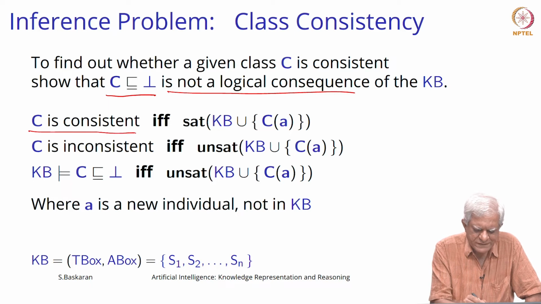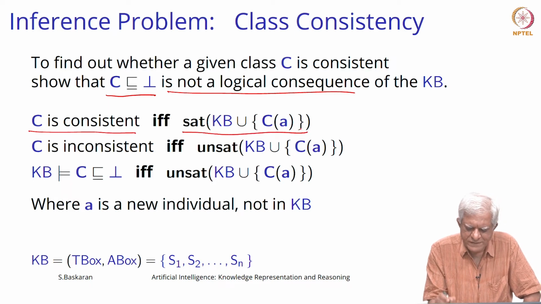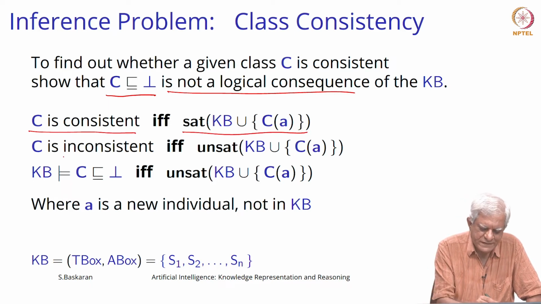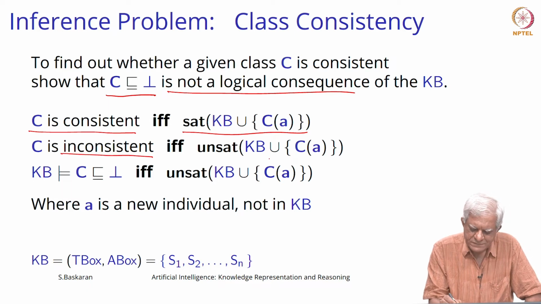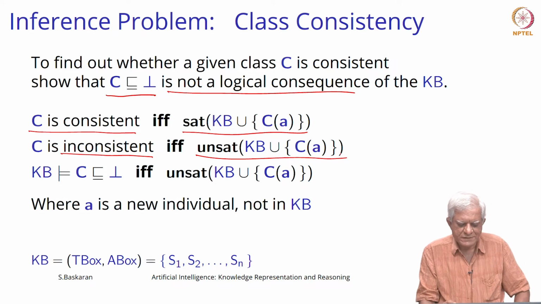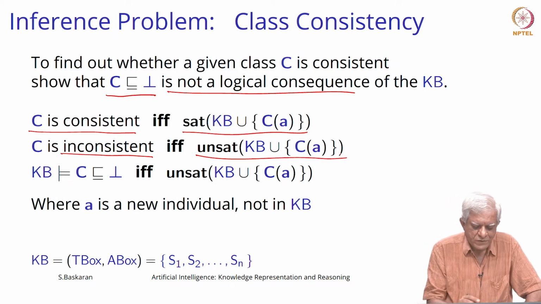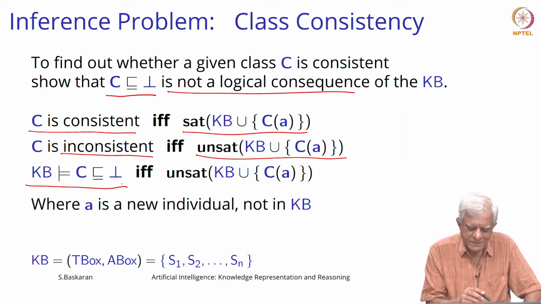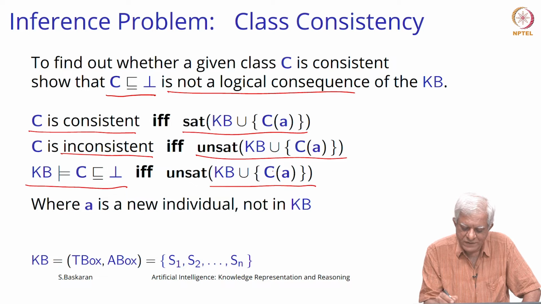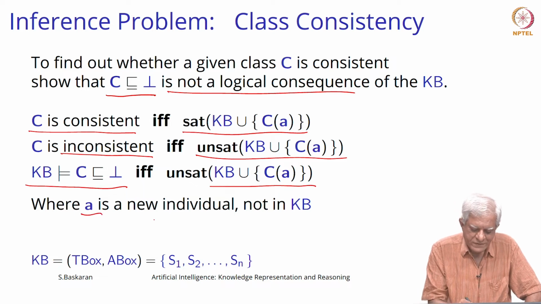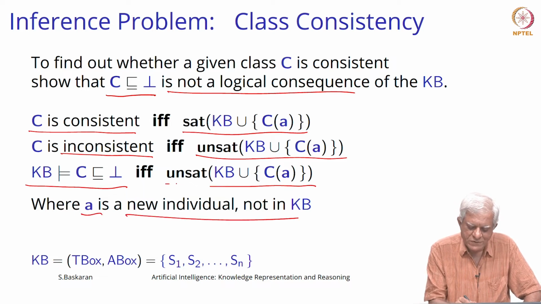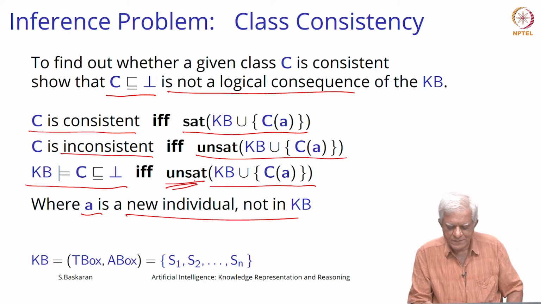So, C is consistent if this is satisfiable. On the other hand, C is inconsistent if this whole thing is unsatisfiable essentially. So, to show that C is unsatisfiable, you add C(A), where A is a new individual again, to the knowledge base, and then show that that is unsatisfiable.